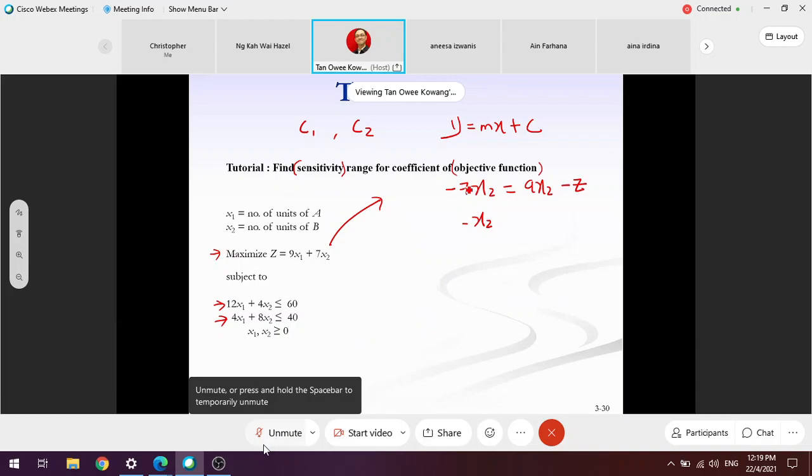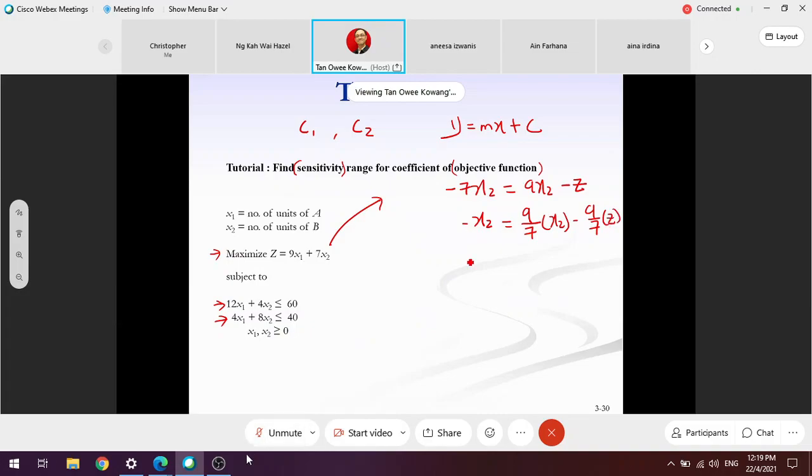But I start with moving, change to x2 first. But this is still not what I want. I want positive, not negative, because y equal to mx. So once again, I change to this.